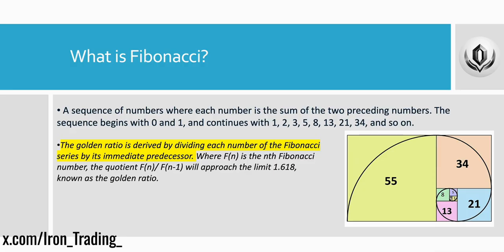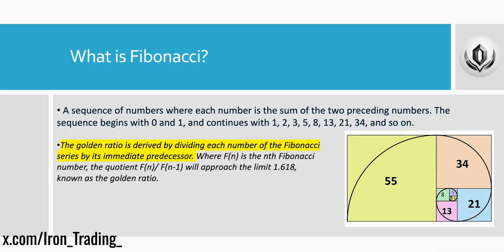This ratio shows up in nature. It's very common. Anytime you see a spiral or a growth pattern, like the petals along flowers, galaxies, and humans, whether we like it or not, we're deeply pattern driven. So when this ratio shows up in man-made things, it's very likely because we are pattern driven.